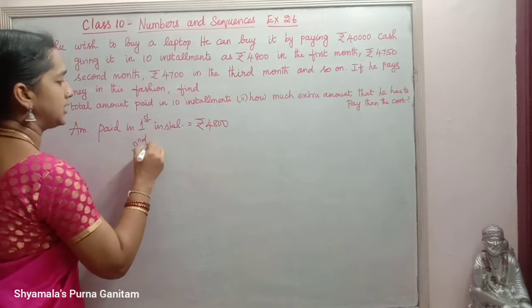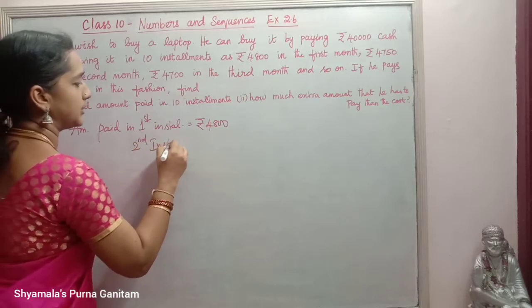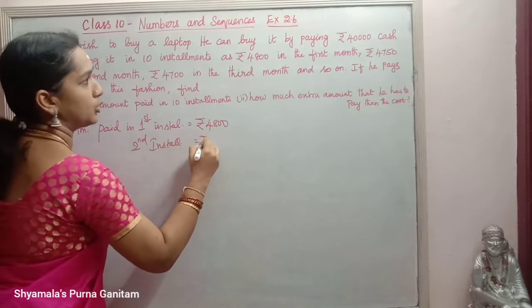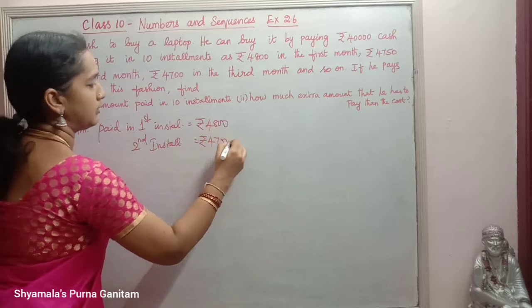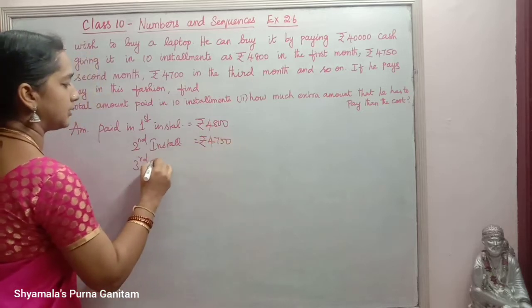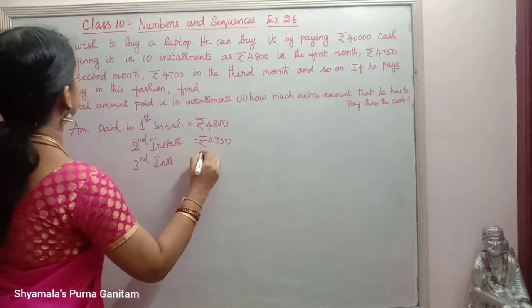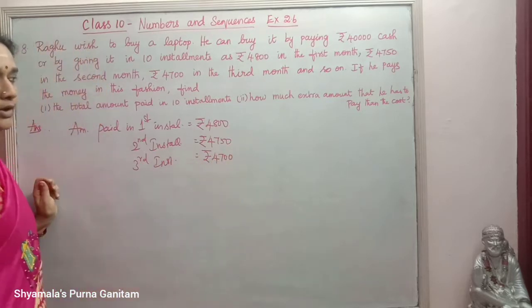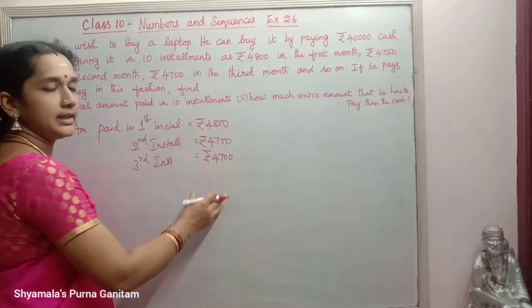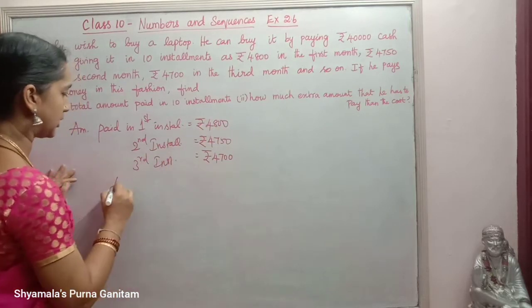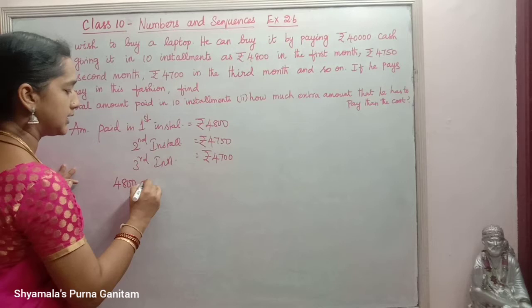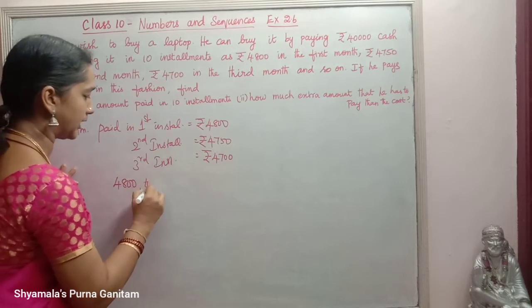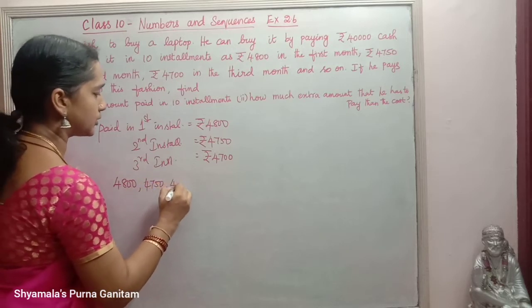Second installment is equal to rupees 4,750. Third installment is equal to rupees 4,700. So this is the AP series. First one is 4,800, 4,750, then 4,700.